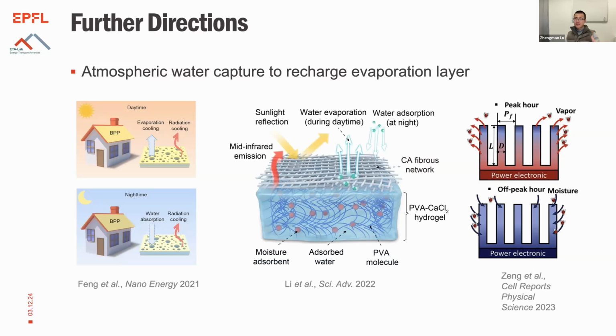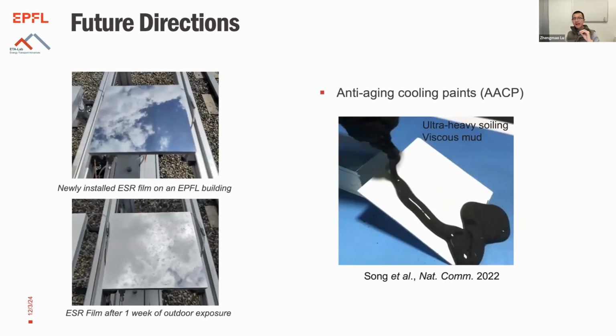I'm working together with another professor in material science on this topic, trying to optimize the kinetics for this vapor recharging. The second thing is about the robustness of these highly sensitive radiative cooling coatings, because the optical properties are everything here.